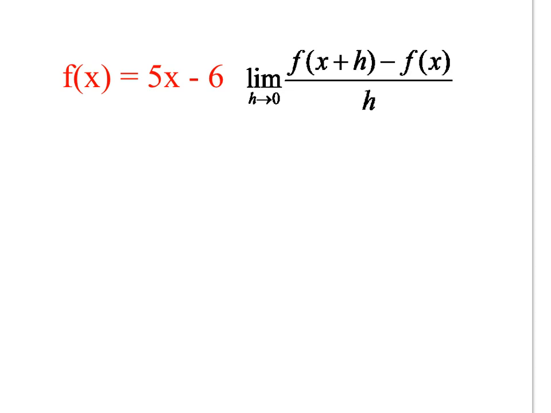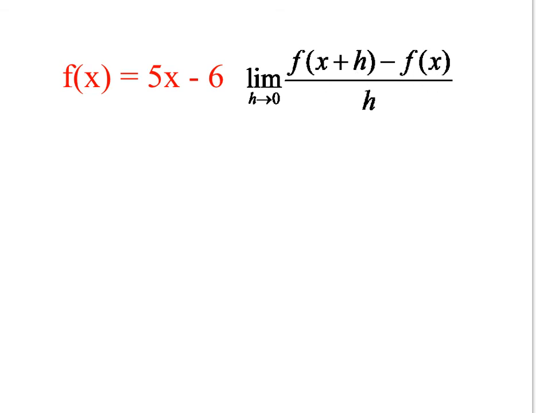So let's find the limit of the function f of x equals 5x minus 6, that's my function, as h goes to 0 of f of x plus h minus f of x all over h. In other words, we are going to plug into the function f of x plus h and f of x.